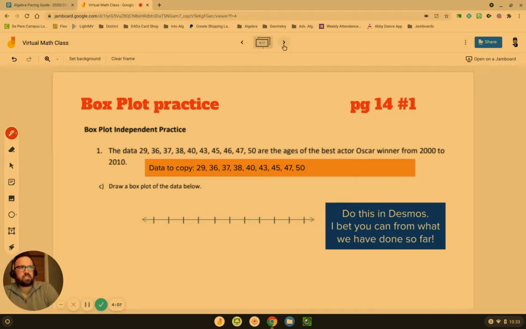So we are going to take this information and we're going to go and open up Desmos.com. And then we're going to plug this in and work very similar to how we have in the past. Once we are over there, here's what we're going to follow.